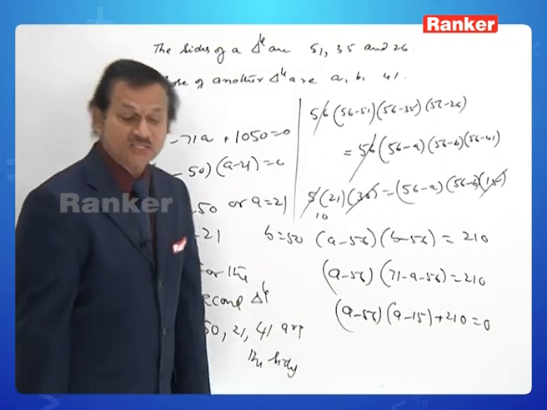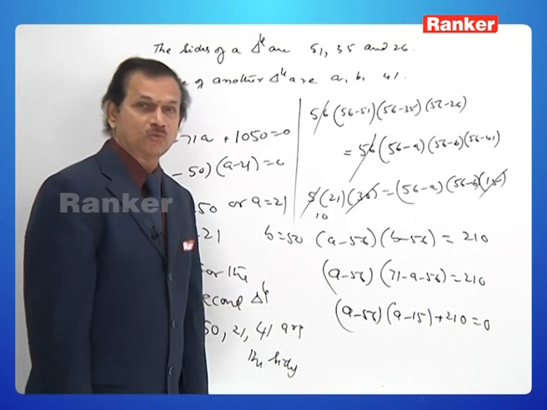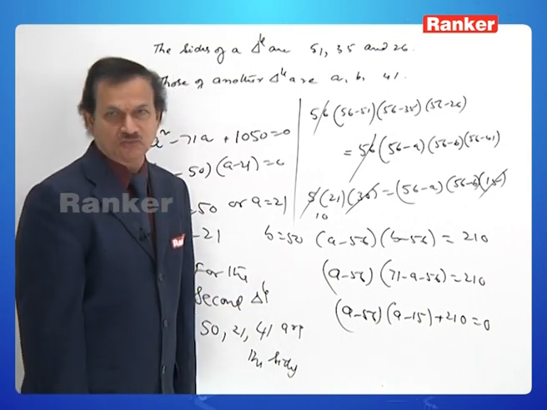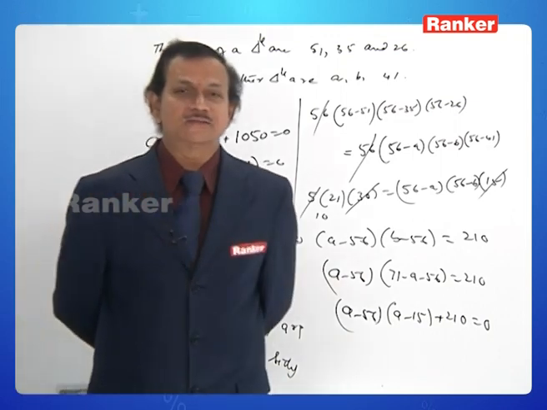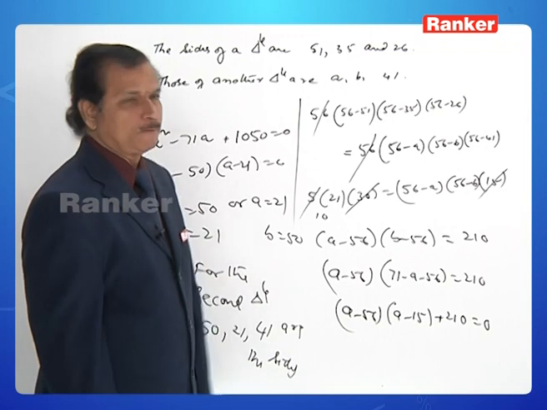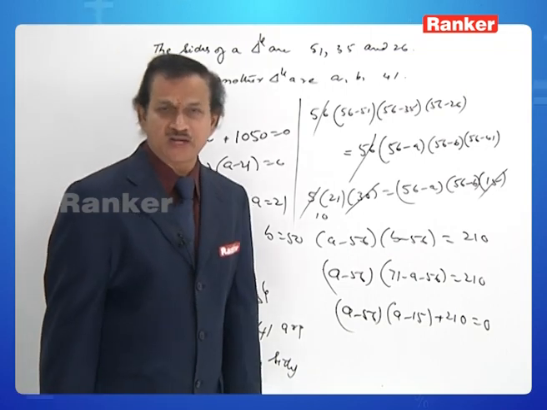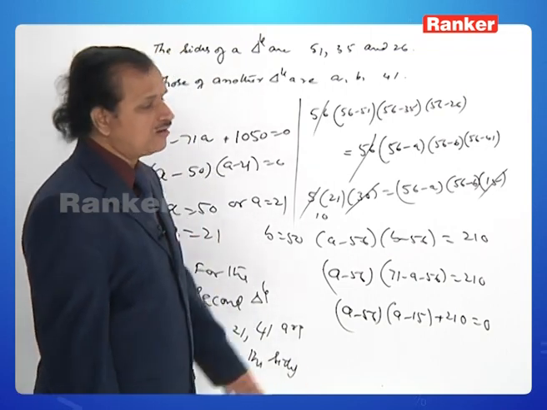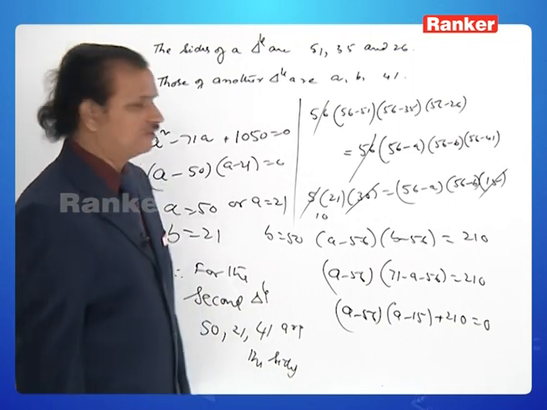Well, it is now the right time to handle the main question. What is the main question? He has asked us for the ratio of circumradii. What is the circumradius of the first triangle? ABC by 4 delta. And for the other also it is ABC by 4 delta.